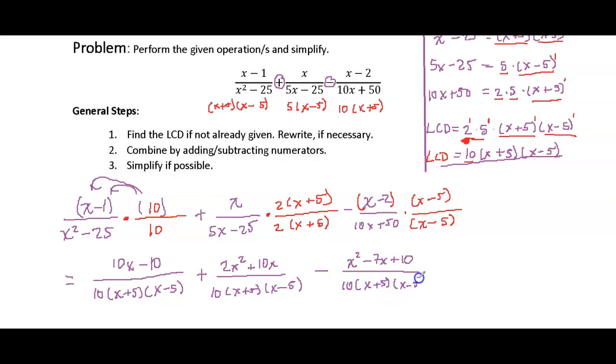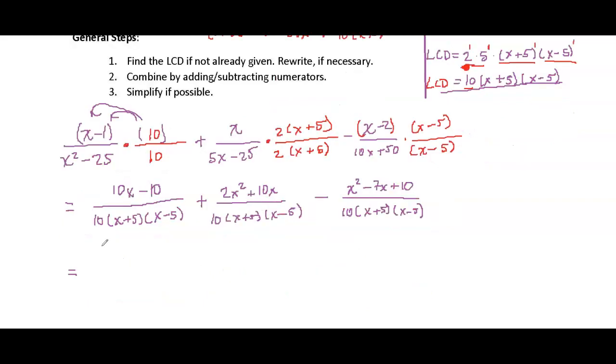Now that we have the common denominator for all of the expressions, we can go ahead and add and subtract the numerators. And don't forget to distribute minus signs accordingly. So in the numerator, we end up with 10x minus 10 plus 2x squared plus 10x. Now, if we look at our next expression, we have a minus sign here. So that's going to be distributed to all of the terms in the numerator.